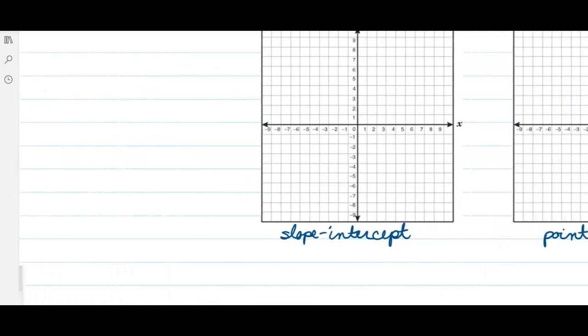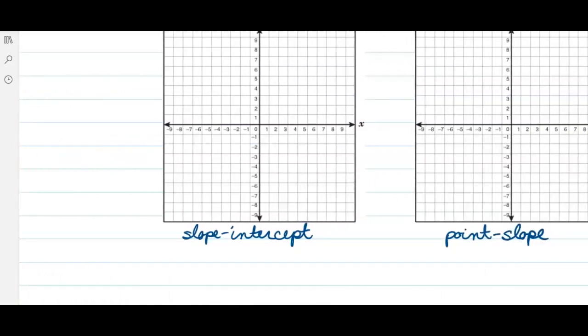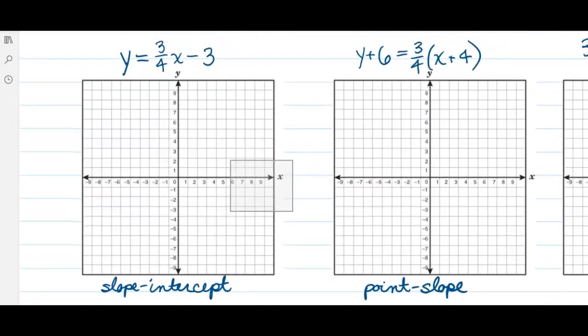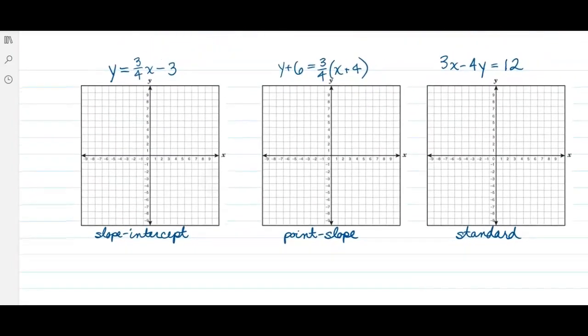Let's go back to Unit 2 for just a minute. And again, this is not in your notes, so you don't need to try to figure out where this came from. I just want to go back and think about when we were graphing lines. The lines were in different forms. Sometimes they were in slope-intercept form, sometimes they were in point-slope form, and sometimes they were in standard form. We could change between the forms all the time.